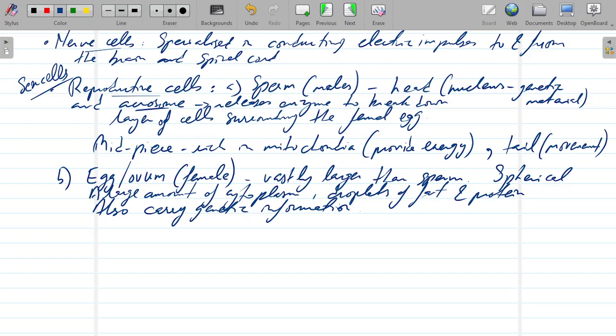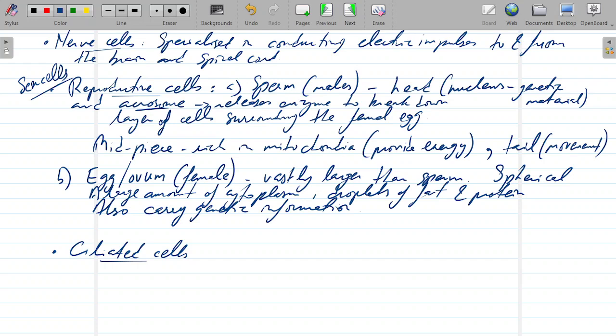Oh, one more. You have ciliated cells. Question: The egg also has mitochondria? Mitochondria is also present in the egg. Yes, but it's not a highlight because it also has other organelles.